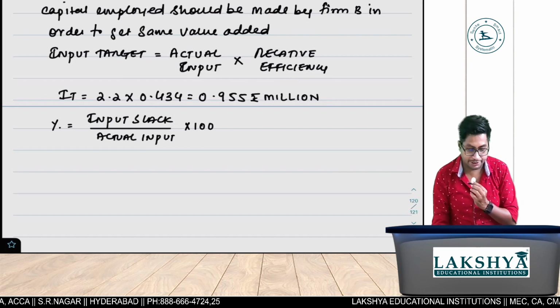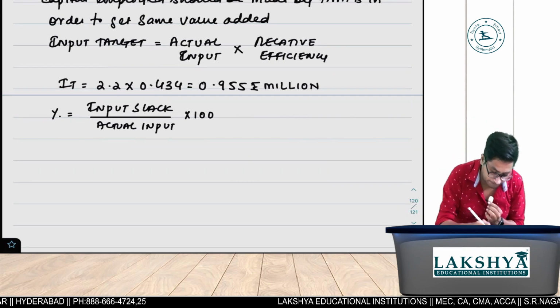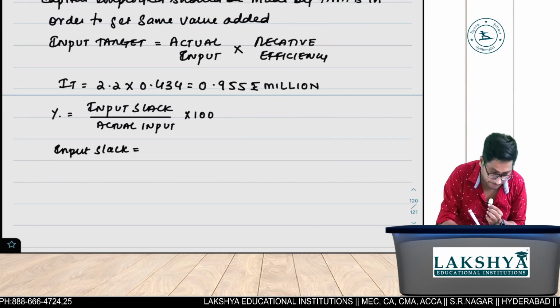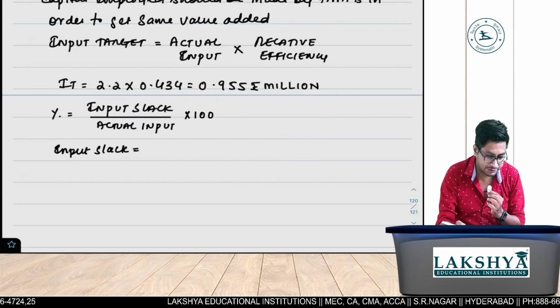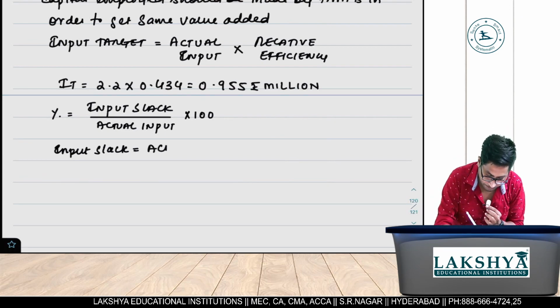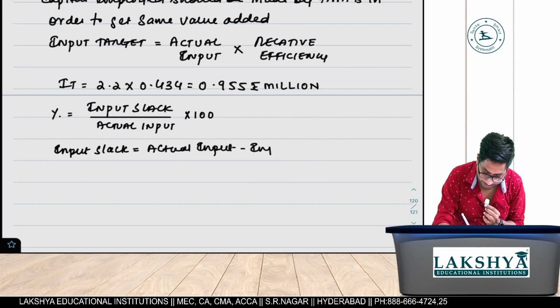Clear? Input slack divided by actual input into 100. But what do we mean by input slack? Input slack is nothing but the difference between actual input and input target. Actual input minus input target.